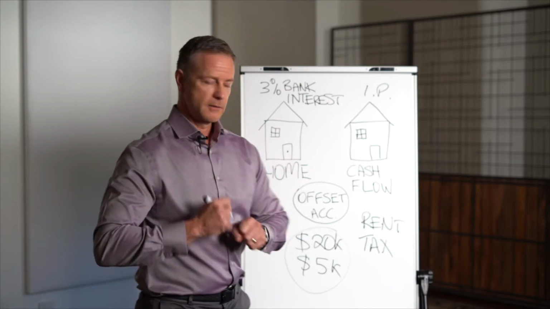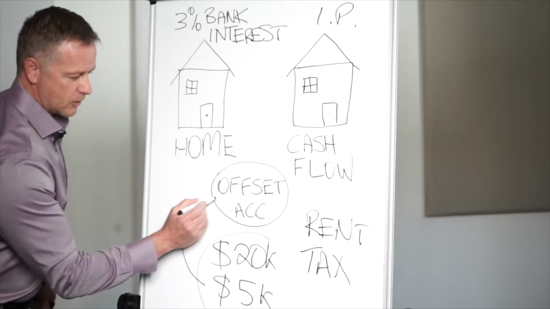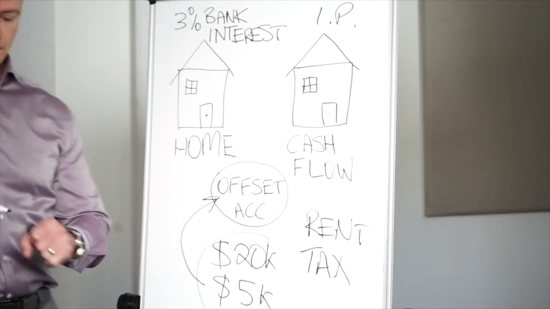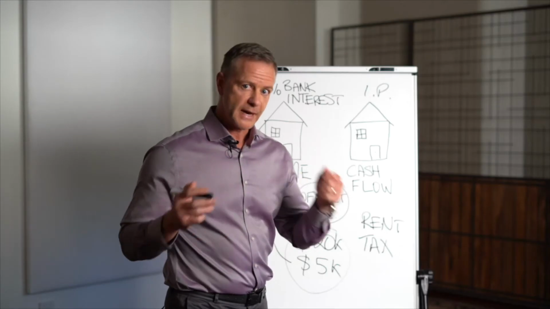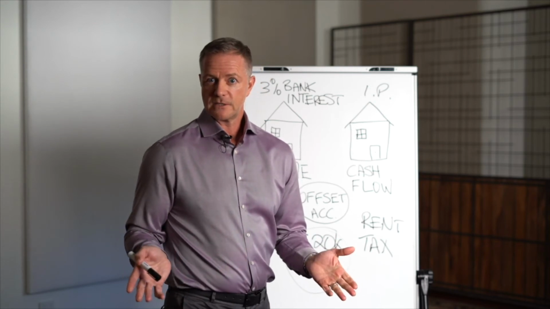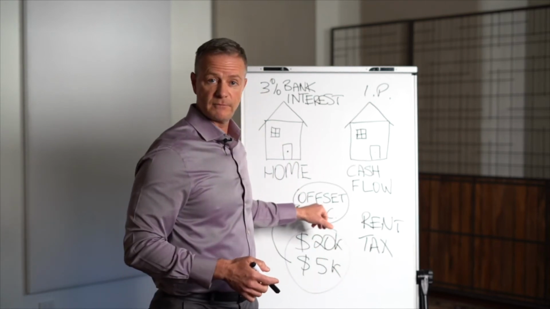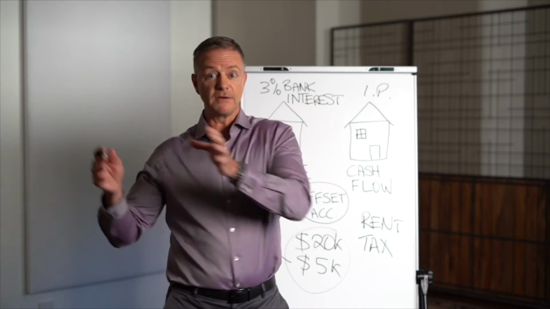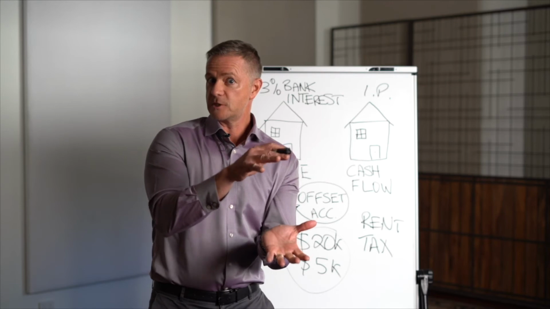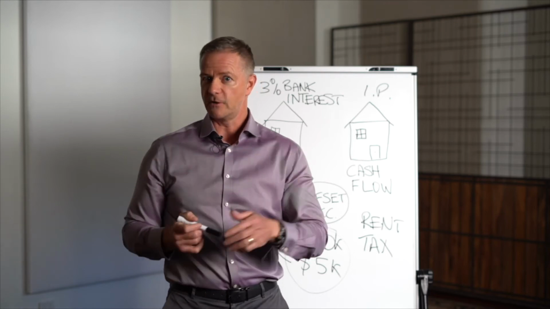But let's say that we've got a positively geared property and it's bringing in an additional $25,000 a year in cash flow. If we put that into our offset facility, what is that going to do to the amount of bank interest we're going to save? Well, it's an additional $25,000 a year that you can sit in your offset by redirecting it from the investment property into your own non-tax deductible principal mortgage. Very, very simple.